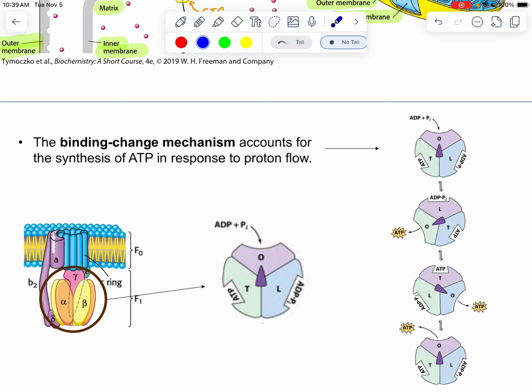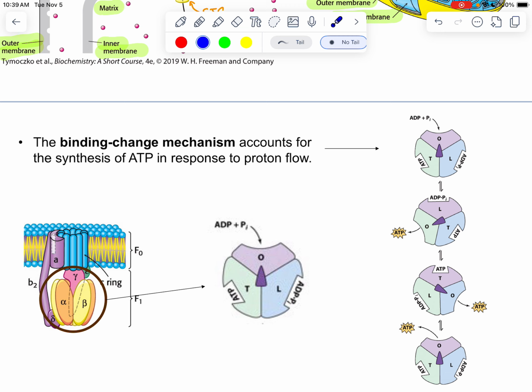All right, so first though, we need to orient ourselves. So when we look at this picture, this is what I'm looking at. I am looking at that knob, and I'm looking at the rotor, specifically that gamma portion, the one shown in pink of the rotor.